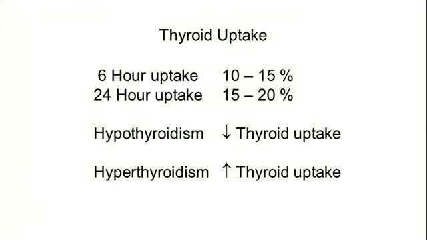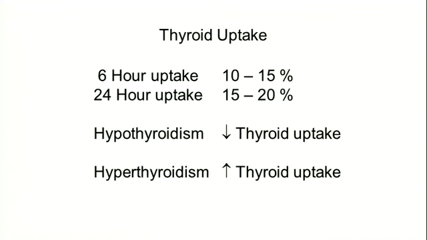An uptake, by contrast, and you'll hear people misuse these terms all the time, is actually a functional test. What happens is you give a dose of iodine to a patient, and within 6 hours usually, and then again at 24 hours, you measure how much of that iodine wound up in the thyroid gland. By the way, the human body only does one thing with iodine, and that is make thyroid hormone.